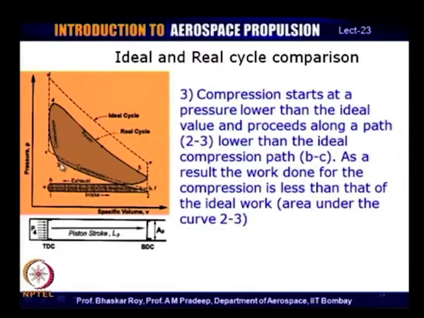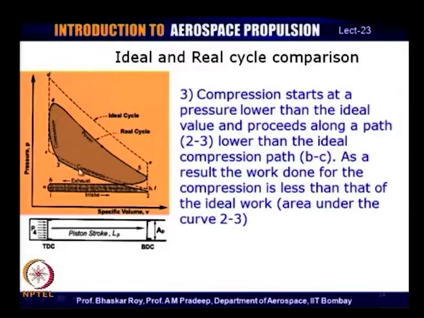As a result of the fact that it does not conform to reversibility and it encounters a certain amount of losses due to the motion of the piston inside the cylinder, it does not quite reach the point C. The compression process often goes up to C, up to 3, and then at 3 the combustion is initiated.